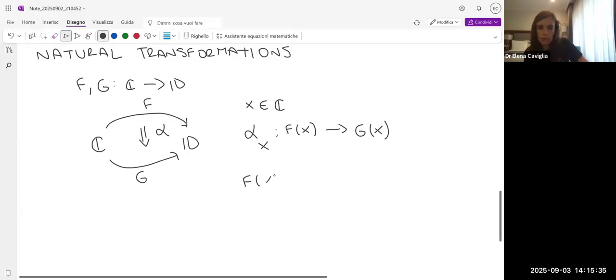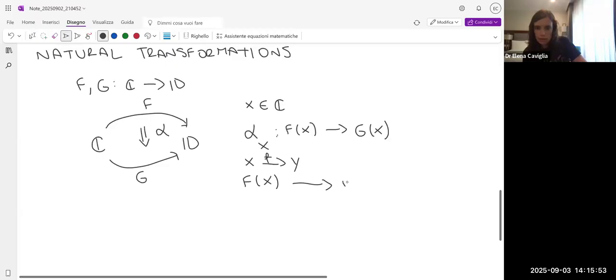So if we now take two objects in C, say X and Y, and we have a morphism between X and Y, let's call it little f.